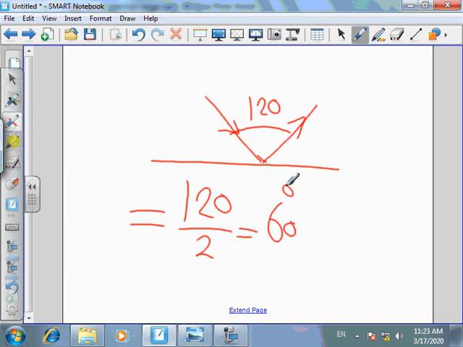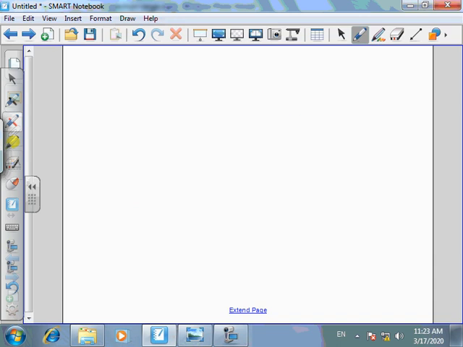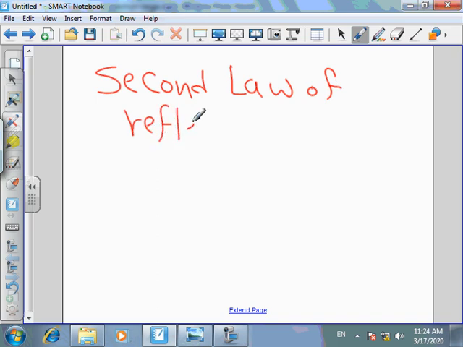Let's talk about the second law of reflection. The second law of reflection is so simple if you know the different parts: the incident light ray, the reflected light ray, and the normal.